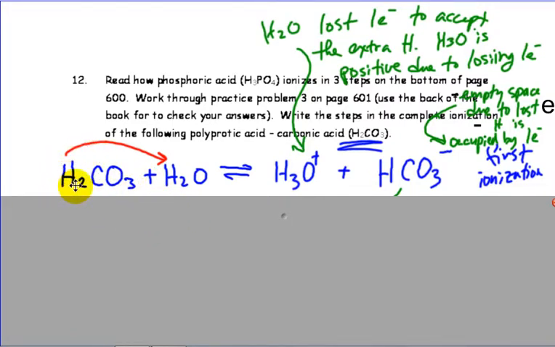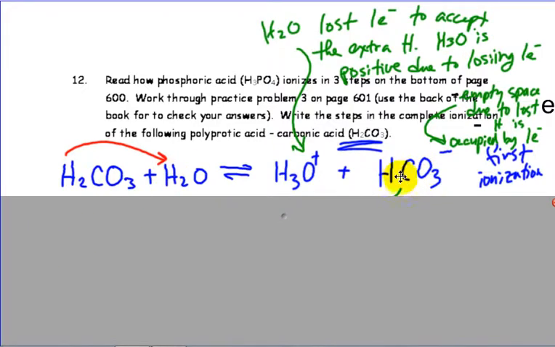it has two H's. So if we imagine that H, it's an acid, so it gives up the H, the water takes on that extra H to become that, just like previously. H2O loses an electron to accept the extra H, so it becomes positive due to losing one negative. And H2CO3 becomes HCO3.